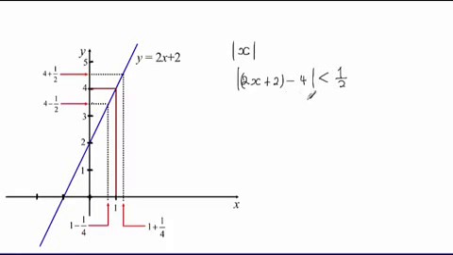Given that we want the values of the function within a distance of half from 4, we need to determine how close to 1 those values of x should be. So what we can do is the following.